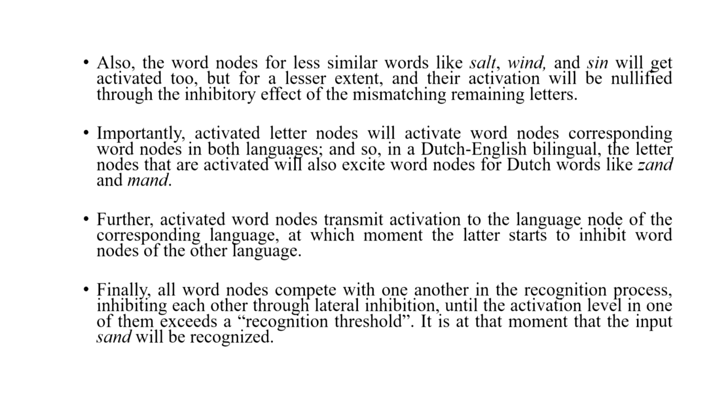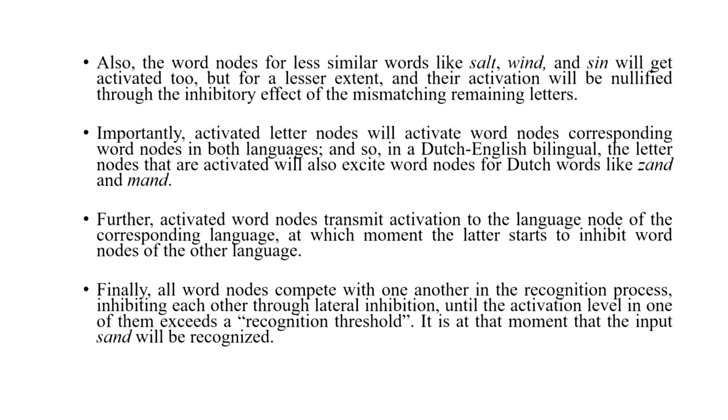Now, you will also see that in this model, word nodes for slightly less similar words like salt, wind and sin will also get activated, but the activation will be to a slightly lower extent, because these words carry some of these letters that are presented in the actual stimulus, but not all of them.